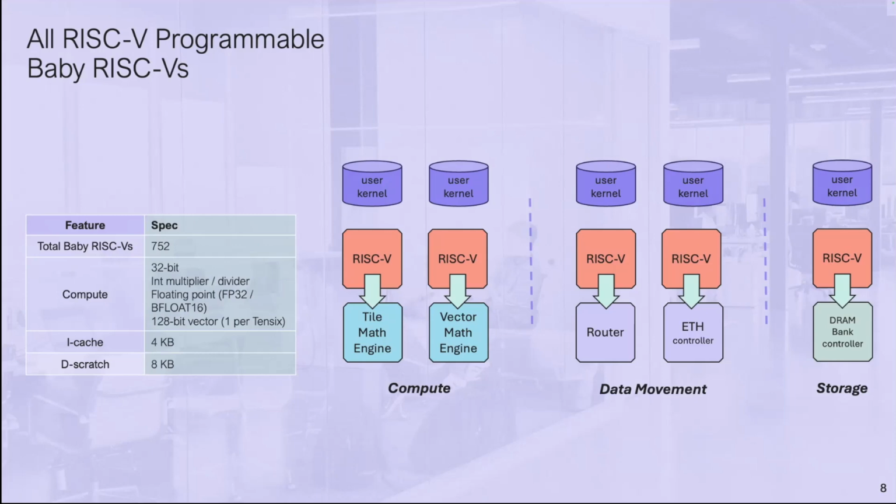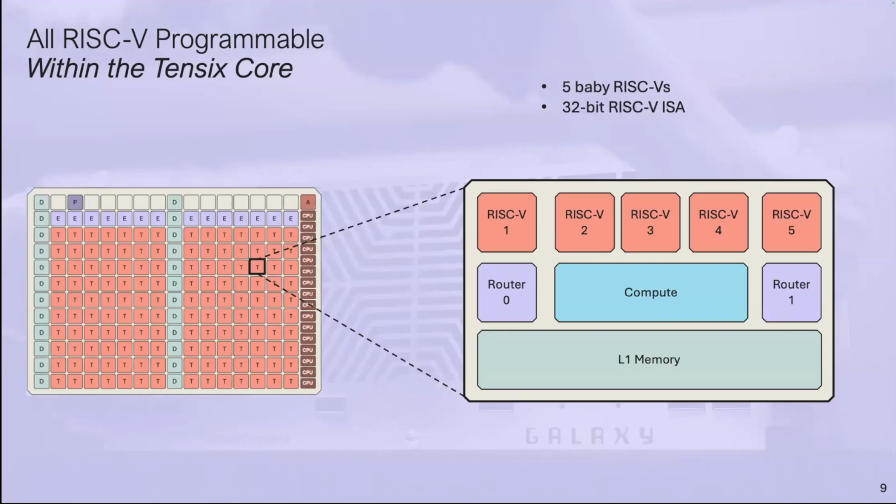So how does that look in a Tensix core? Tensix is our bread and butter for our AI applications. As I mentioned, a Tensix core isn't just compute, it's also data movement. You can tie this to the last slide, where we had RISC cores paired up with different hardened bits.